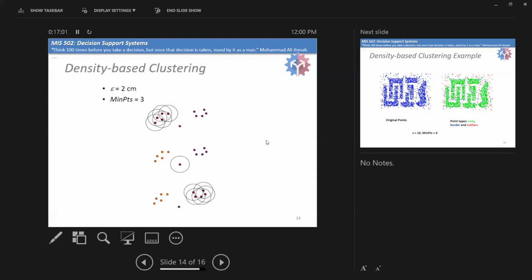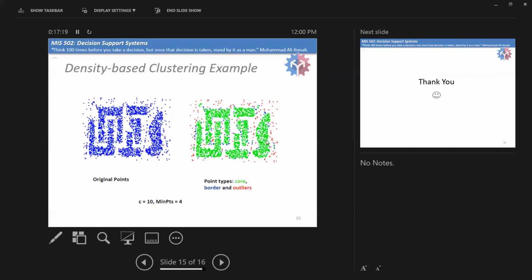So maybe this is like a border point, because if you draw this circle, it has like 2. Maybe for this one it has 3, right? So that's how the algorithm creates those shapes for you, and that's how you create density regions.